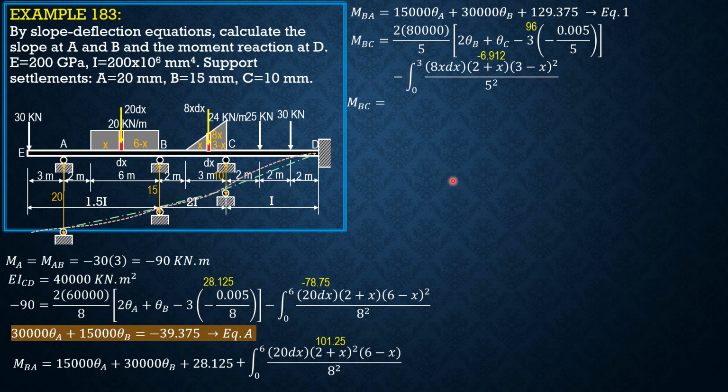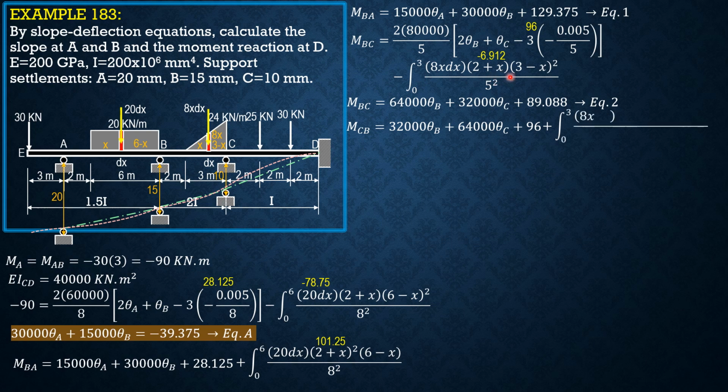Simplifying, MBC is 64,000 theta B plus 32,000 theta C, then plus 89.088. Call that equation 2. Then MCB is 32,000 theta B plus 64,000 theta C plus 96, then plus integral, so we just copy this square 2 plus x, and 3 minus x raised to 1 over 5 square.